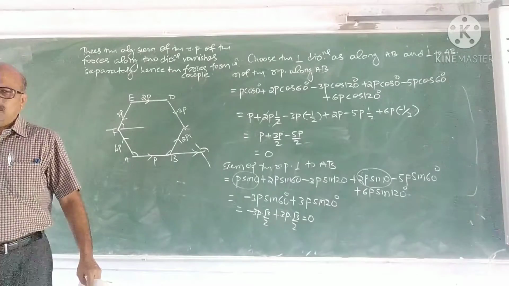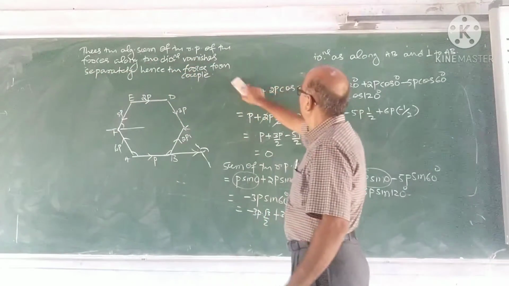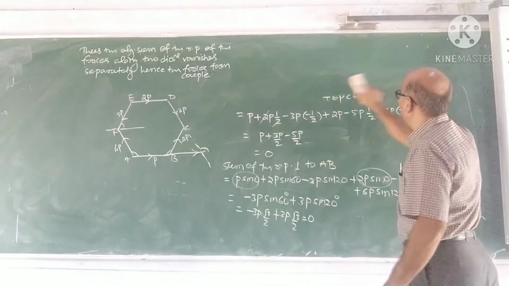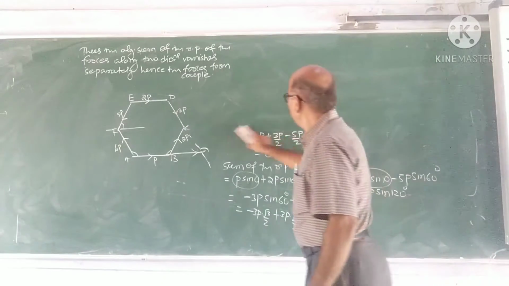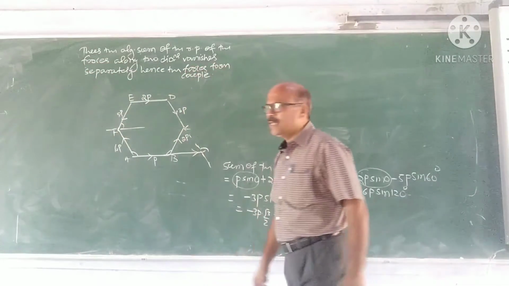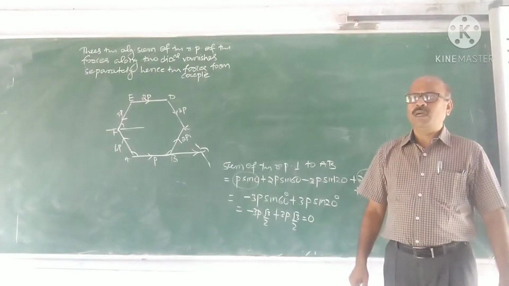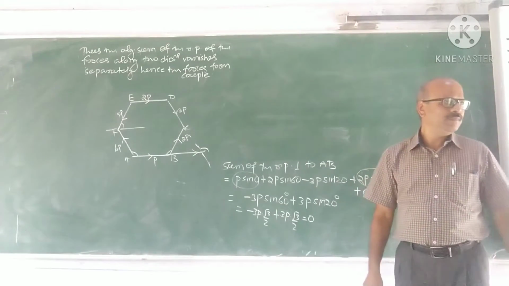What is the next part? Find the moment of the couple. We have already proved it forms a couple. Next, find the moment of the couple. How do you find the moment?